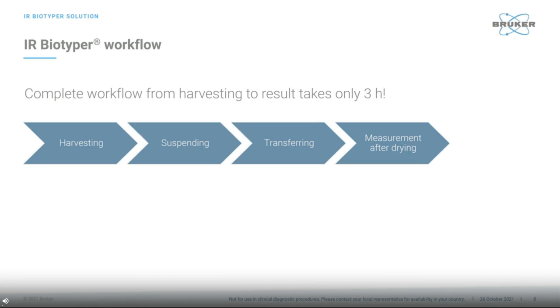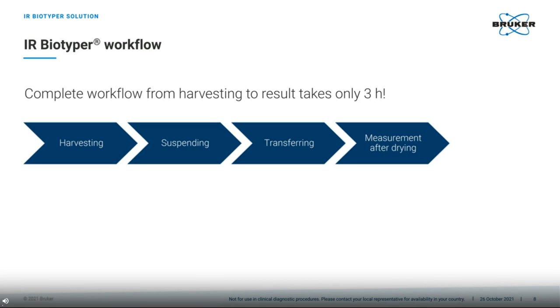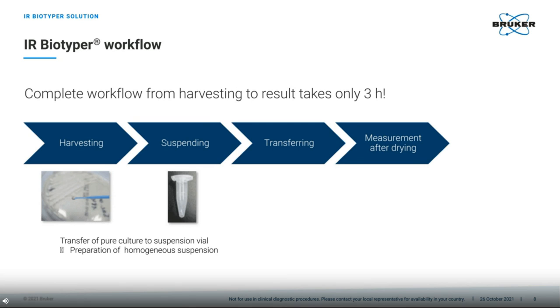All of this is combined in a real workflow. We call it the Biotyper workflow, and this complete workflow takes roughly 3 hours for roughly 30 samples. The workflow starts with harvesting. So we need grown cultures, a pure culture, and this culture is taken into a tube where specific metal cylinders are incorporated, which is needed to get a good suspension of the bacterial cells in an ethanolic solution.